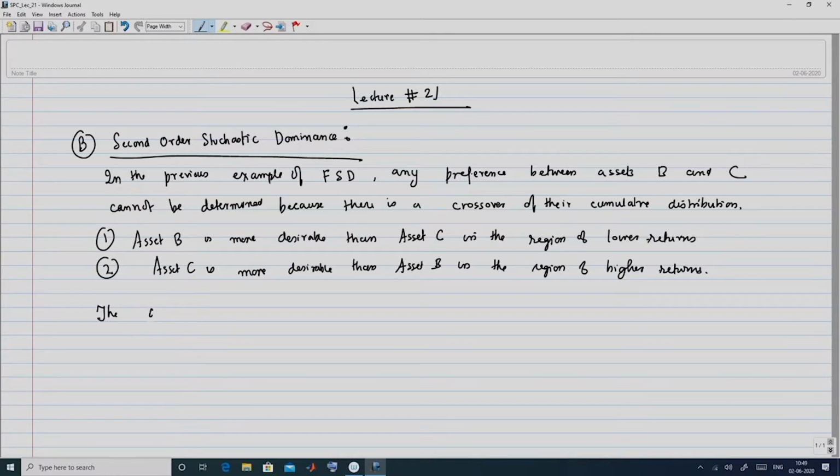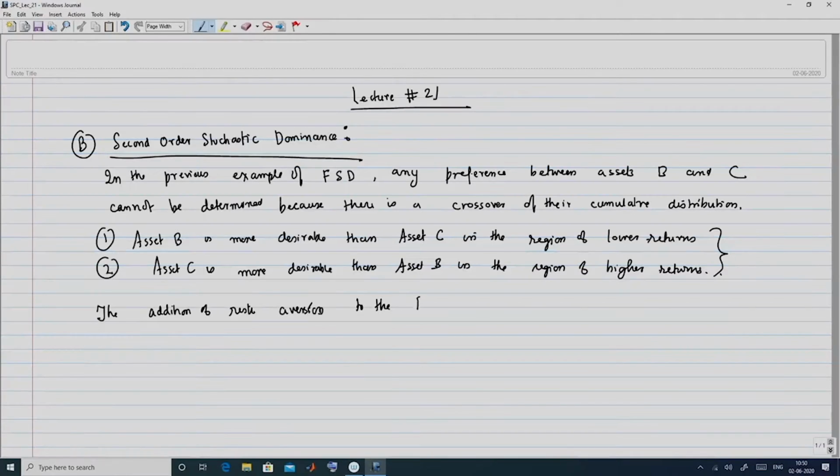Now, what you can do is that the addition of risk aversion. So, we try to address this issue that we cannot determine which of B or C is preferable. In general, we can say that this is something that makes FSD unusable in case of cumulative distributions crossing each other. That means, in some region one of them is at a higher level than the other, and this dominance reverses in some other range of the returns.